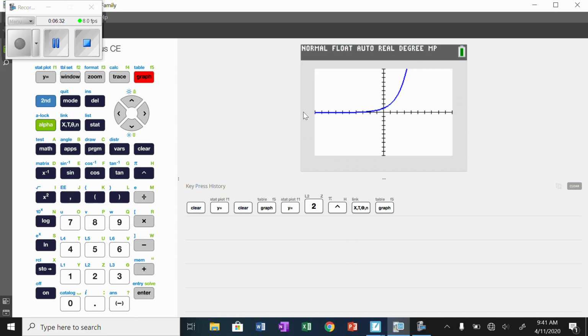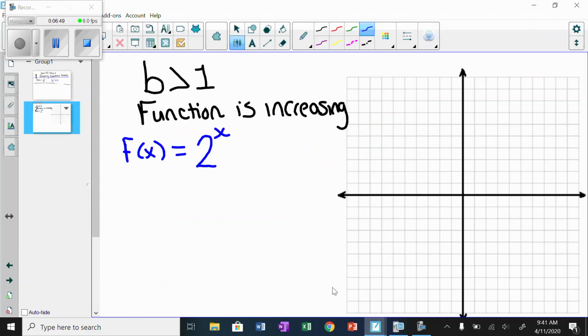And I also want you to realize that it crosses the y-axis at the point (0, 1). Okay. I know that we saw this graph, but I still want us to plot it out ourselves. So let's go back to our notebooks and graph this out ourselves.